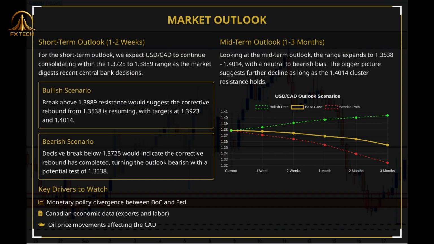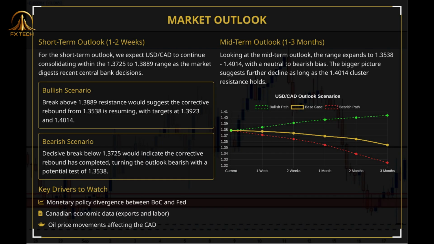For the short-term outlook over the next 1 to 2 weeks, we expect USD/CAD to continue consolidating within the 1.3725 to 1.3889 range as the market digests recent central bank decisions and looks for fresh catalysts.